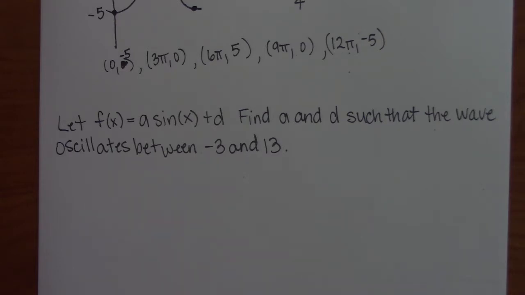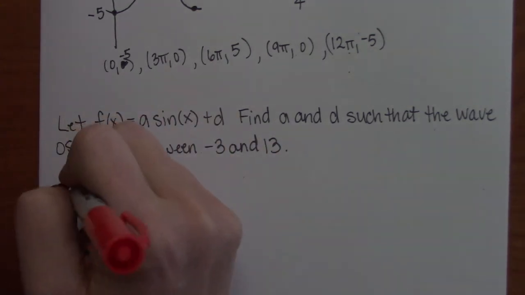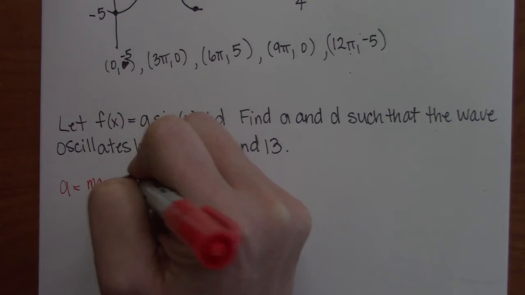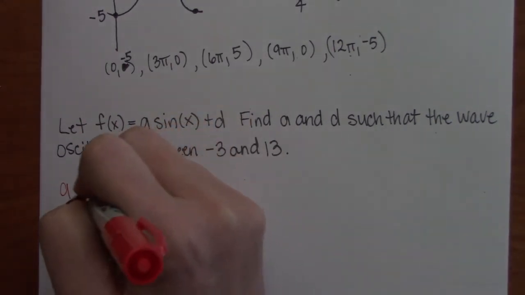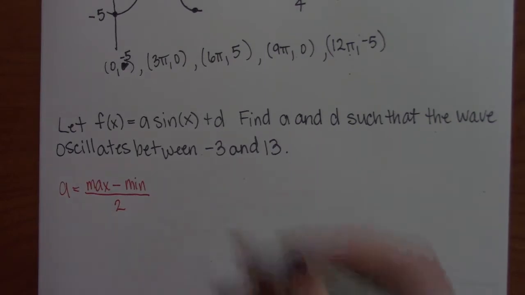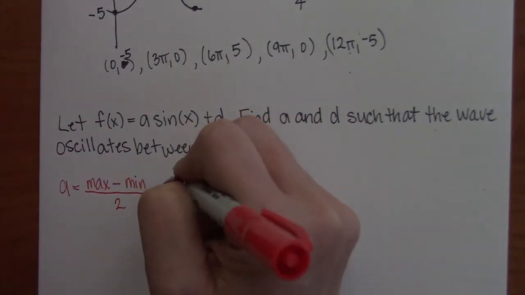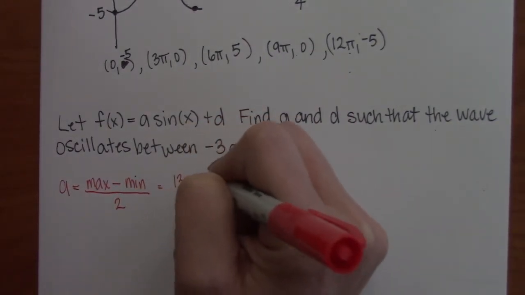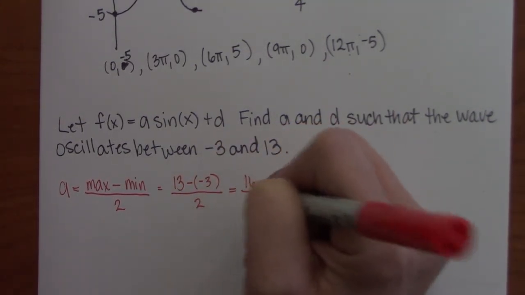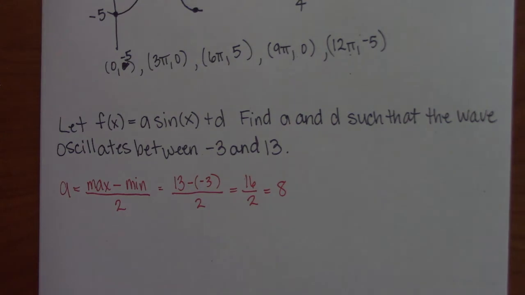If we want to find A, the amplitude, we said if you take the maximum, subtract the minimum, that gives you the total height of the wave, and then you cut that in two, that's going to give you the amplitude. So 13 minus -3 divided by 2 is 16 over 2, and we get an amplitude of 8.